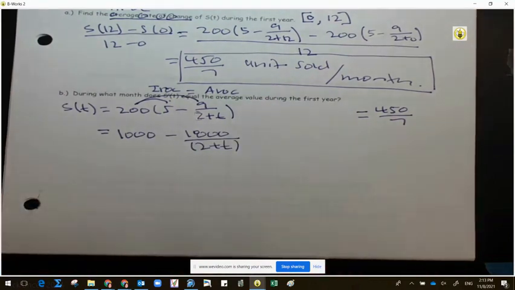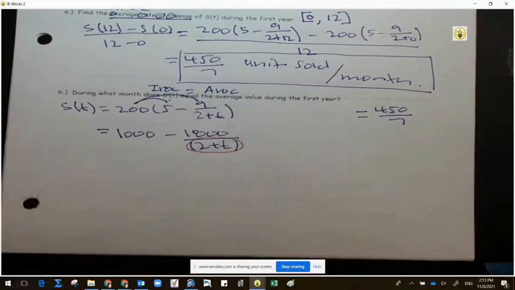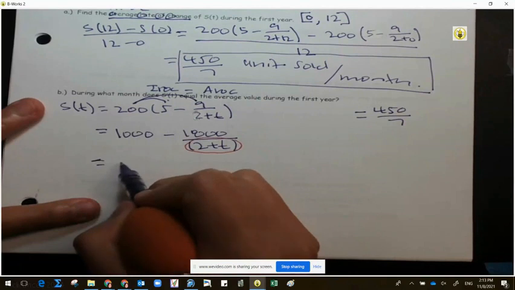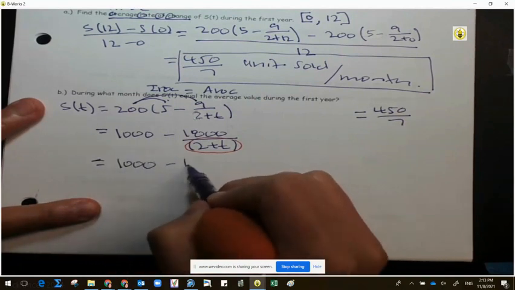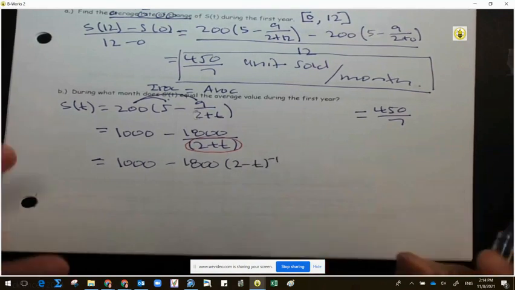I know kids want to multiply the top and the bottom by 200. That's really just multiplying by 1. And then let's rewrite this. We do not like variable in the bottom because then I can't use power rule. So let's rewrite this as 1,000 minus 1,800 times 2 minus t to the negative 1.